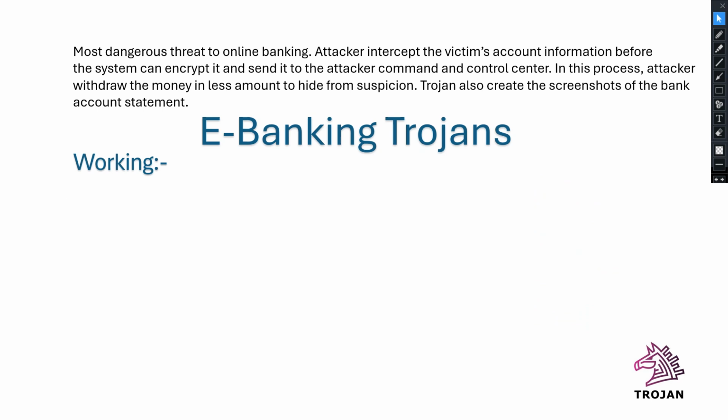After that, our next trojan is the e-banking trojan. The most dangerous threat to online banking is the e-banking trojans. The attacker intercepts the victim's account information before the system can encrypt it and send it to the attacker's command and control centers. In this process, the attacker withdraws the money in small amounts to hide from suspicion.